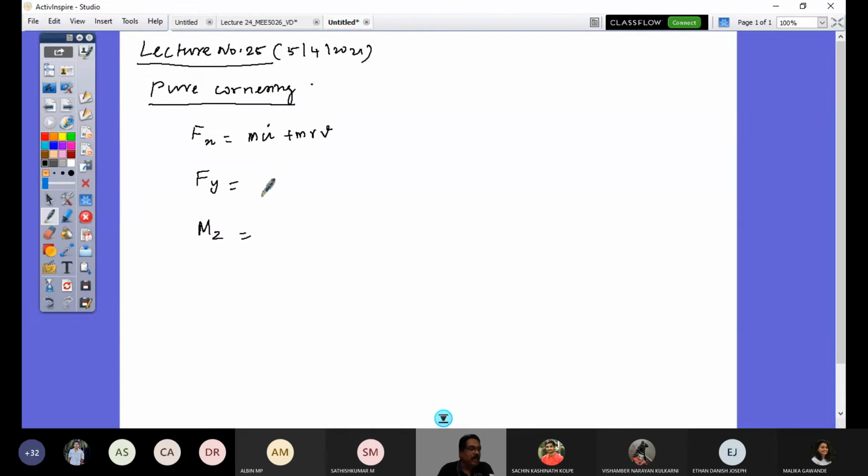Fy is expressed by, this is not plus, it is minus, m(u dot minus rv), and m(v dot plus ru), and Izz r dot. So equation 1, equation 2, equation 3.